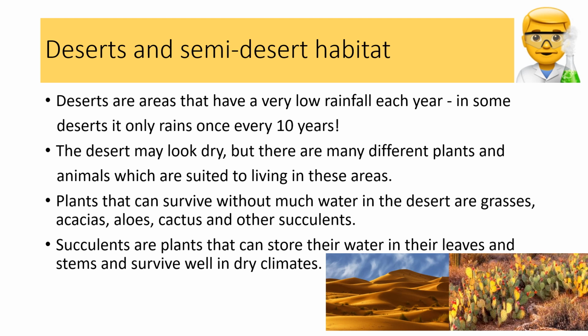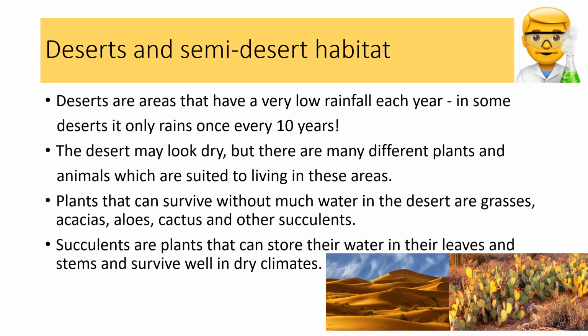Now we're going to look at the deserts and the semi-desert habitats. Deserts are areas that have a very low rainfall each year. In some deserts, it only rains once every 10 years. The desert may look dry, but there are many different plants and animals which are suited to live in these areas.